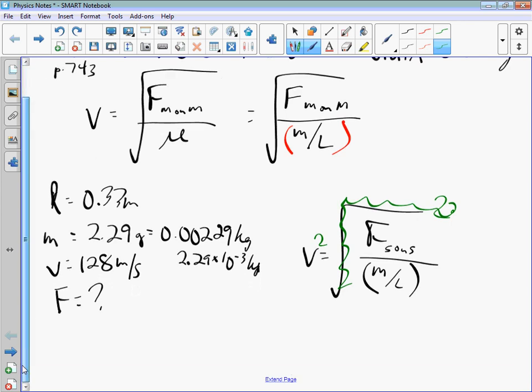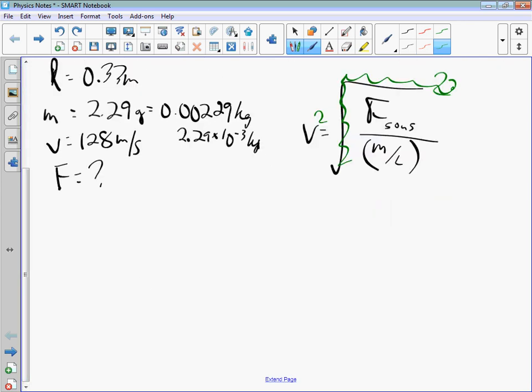And we are left with velocity squared equals force of the string on the string, or the force on the medium, times m over L. Well, if we think about what m over L would be equivalent to, this actually should be velocity squared.